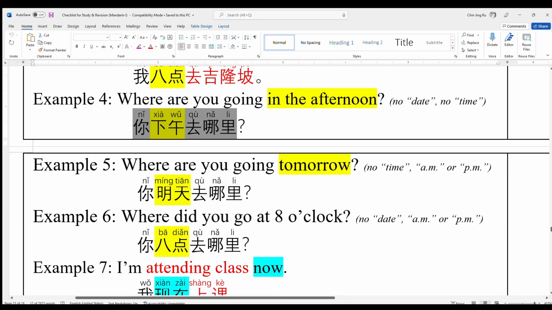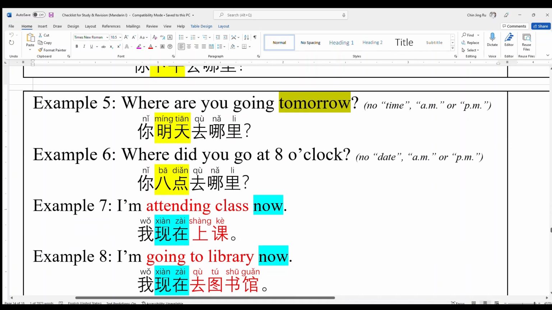Yeah. So another example. Where are you going tomorrow? Tomorrow only. It doesn't mention what time. So okay, right? Tomorrow is 明天. So you can ask like this. 你明天去哪里? Okay. Then example 6.